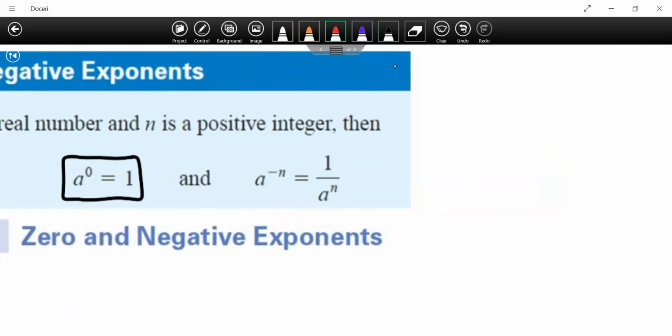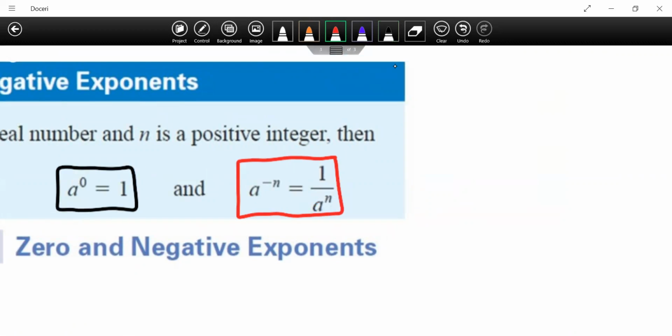Any values that give us a negative exponent will flip that base number into a fraction. This is going to be a very key one when we start doing stuff later. We're going to start looking at more and more inverses and how to apply them.